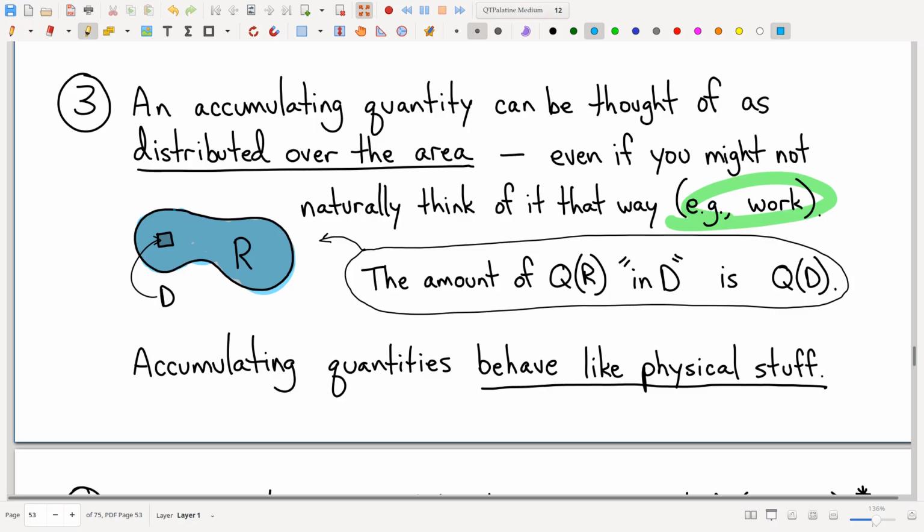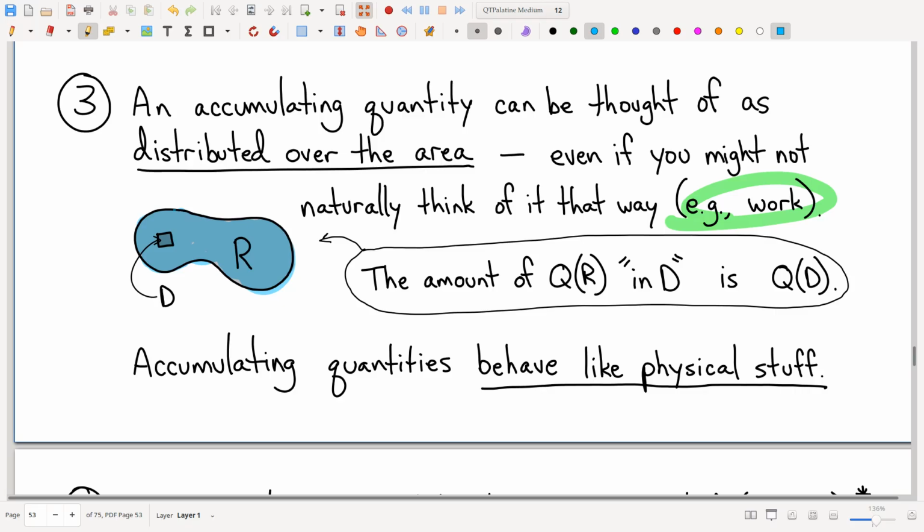It's not concrete stuff. But I can think of it as a stuff. I can pretend that this is a kind of a substance that is spread out over the bottom of the pool, and that when I'm computing the total amount of that substance, that's an accumulating quantity.